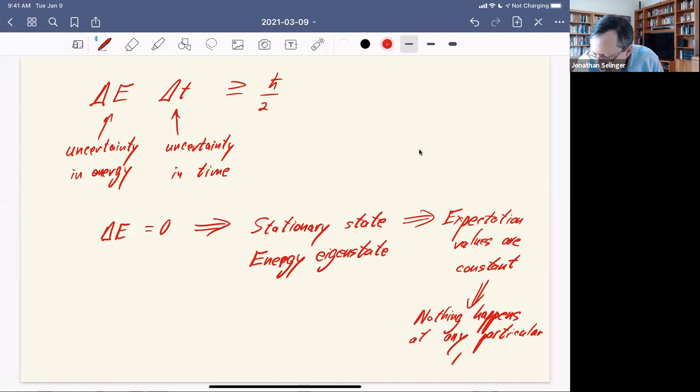And if nothing happens at any particular time, that means that the uncertainty in time is infinite. You can't point to a particular time and say that's when something happens. So that's a logical relationship, I guess, which doesn't depend on which operator or which observable quantity you're looking at. All right, so this is now an energy time uncertainty principle.